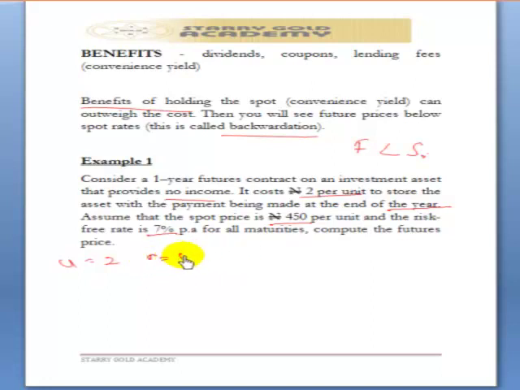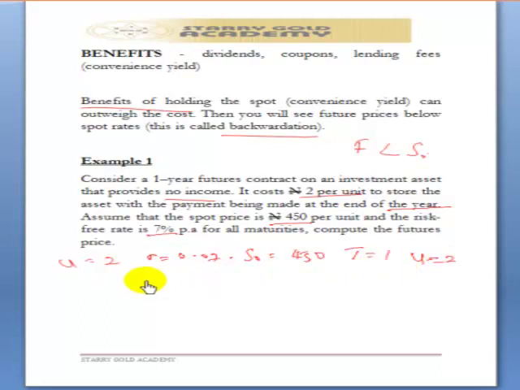What this is trying to tell us is that our R is 7%, that's 0.07. Our spot price, S0, is equal to 450, and our time to expiration T is 1. Remember they say per annum, that is 1. And our U is 2, but we are not using 2 directly.